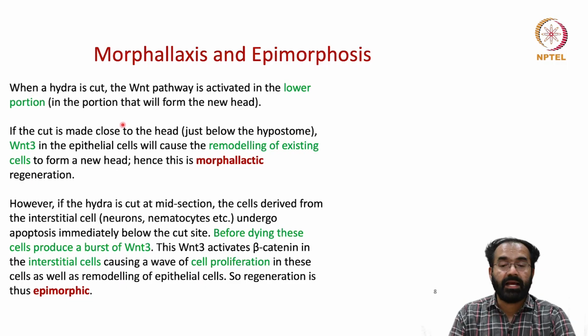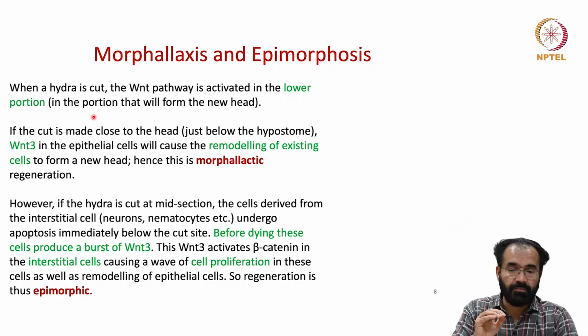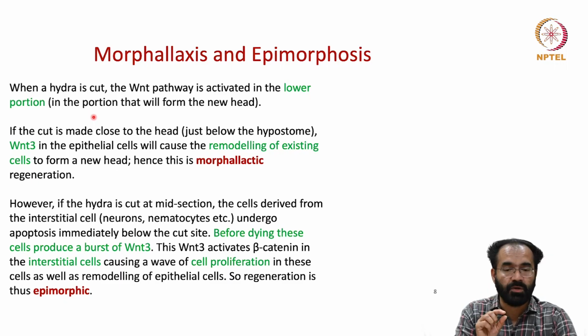So as soon as the head is cut, the head is removed. So you have the body part, and there is the tip of the existing amputated body. Remember, the Hydra is there, its head is cut. So now the head is gone, not attached. The bottom, just below that head, is now the topmost portion of the existing body.